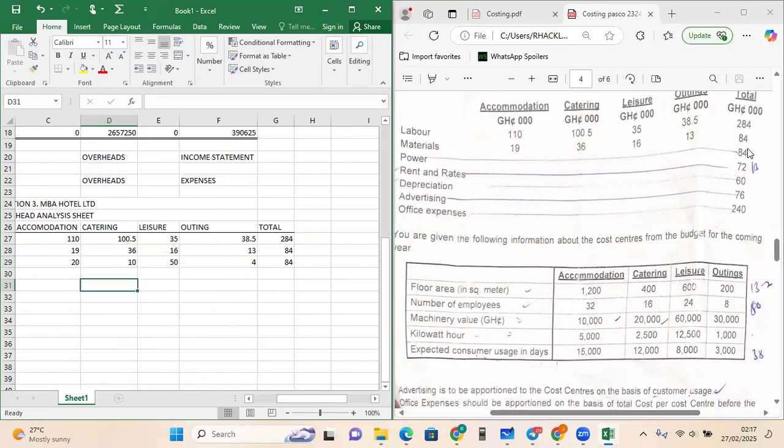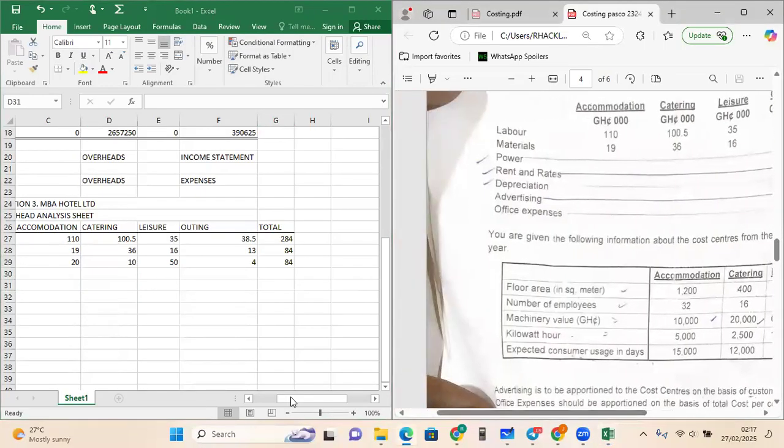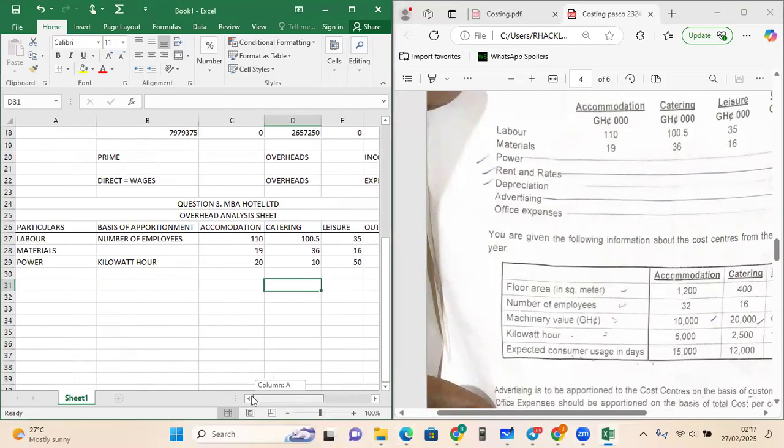That was the total. So let's do for the next one.